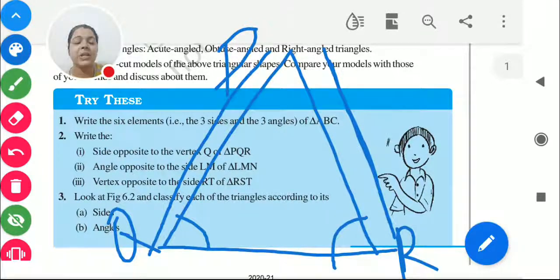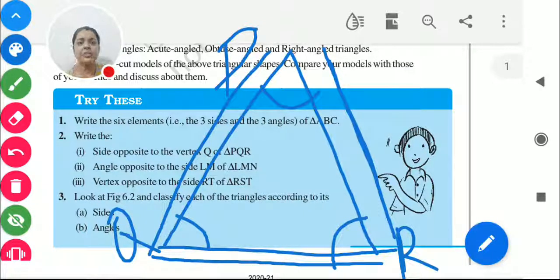It's R. The angle opposite to QR is angle P. So here it just goes vice versa. It will ask for one and it will ask for the rest of the things. Opposite sides, opposite vertex, opposite angle, they all come in the same way, right?